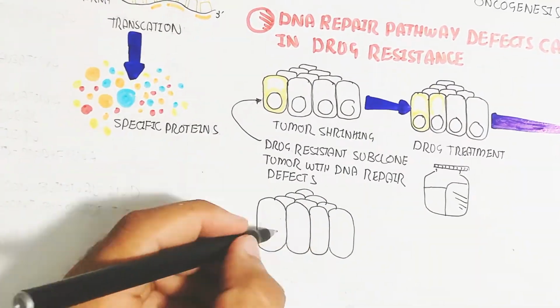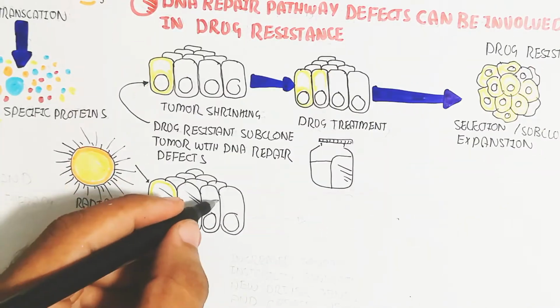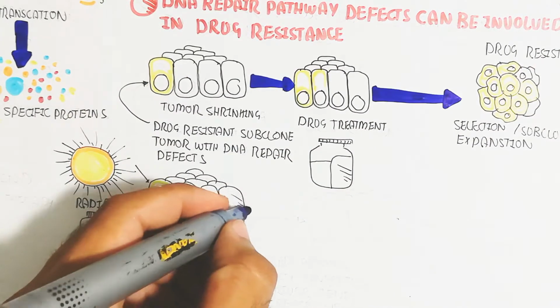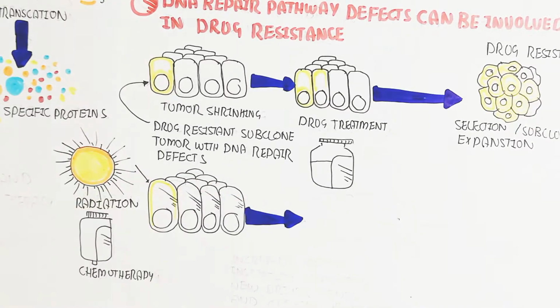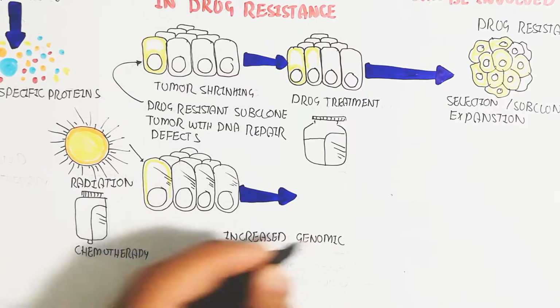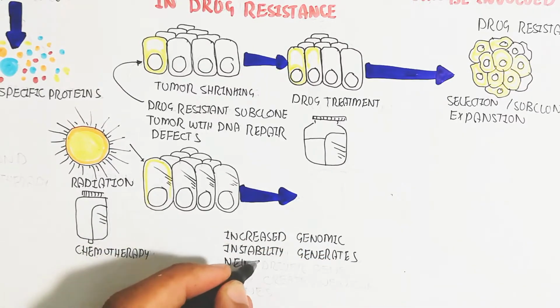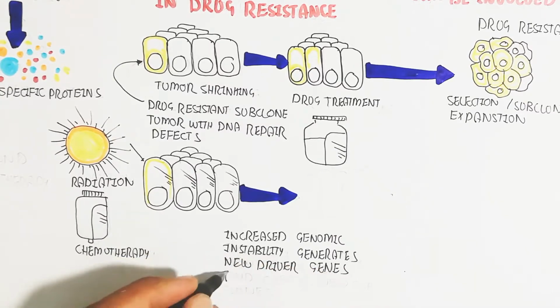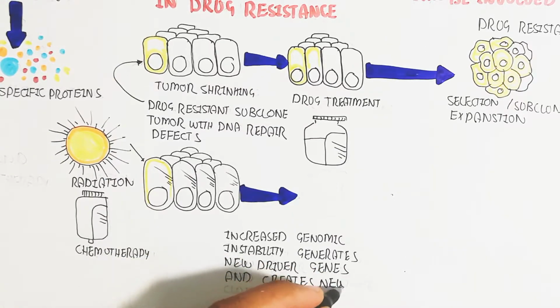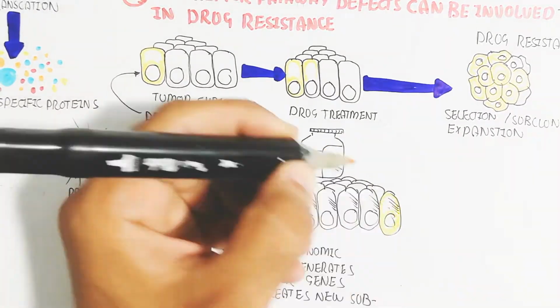That is why selection and drug resistant relapse and subclone expansion will lead to a malignant tumor. While radiation and chemotherapy will have an effect, increased genomic instability generates new driver genes and creates new subclones, and the new subclones lead to a malignant tumor.